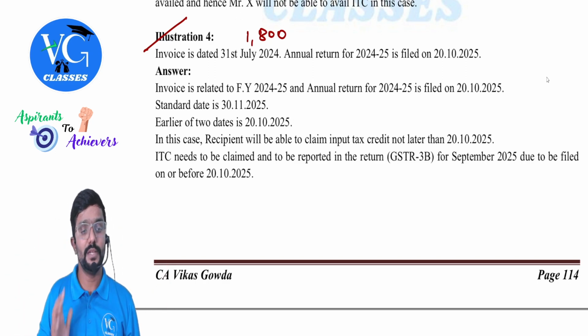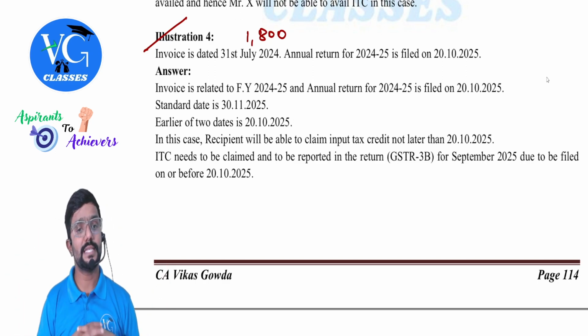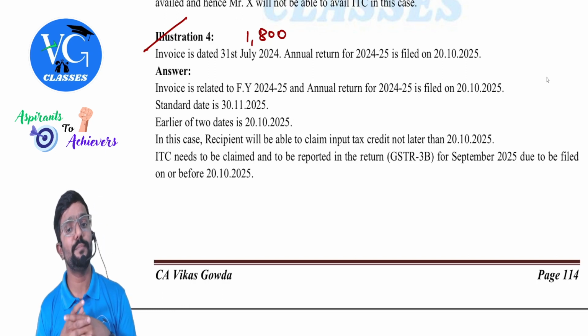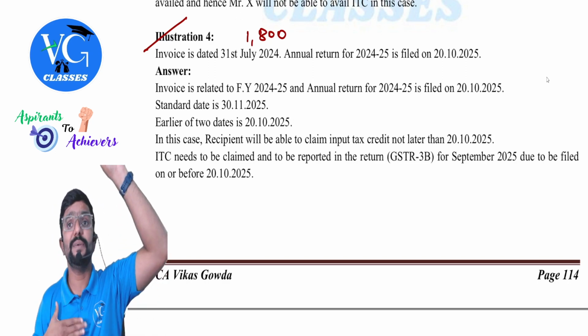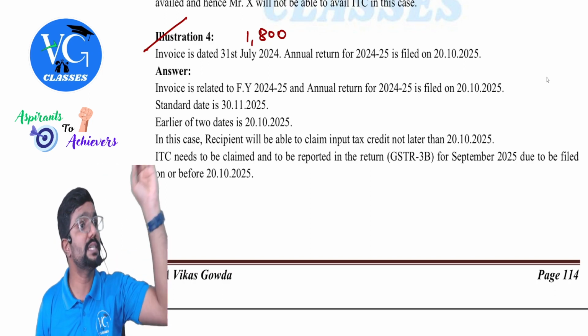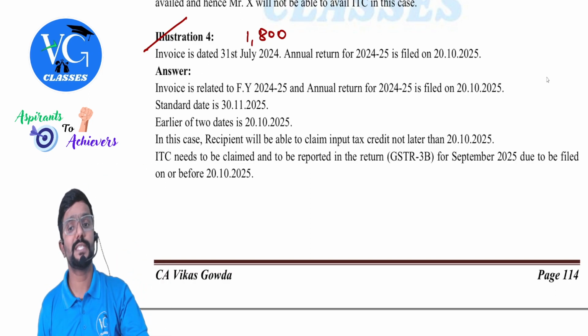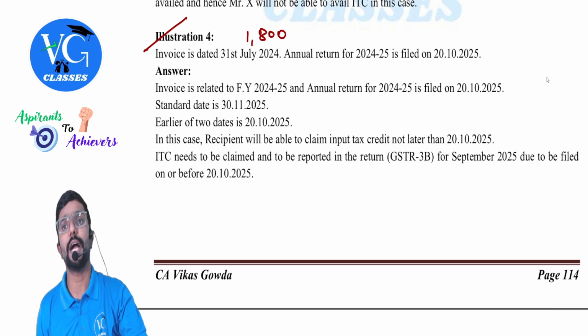In this case, the recipient will be able to claim input tax credit not later than 20th October. ITC needs to be claimed and reported in which form, guys? We already learned. The recipient will claim the credit through which return? GSTR 3B for September 2025, due to be filed on or before 20th October.